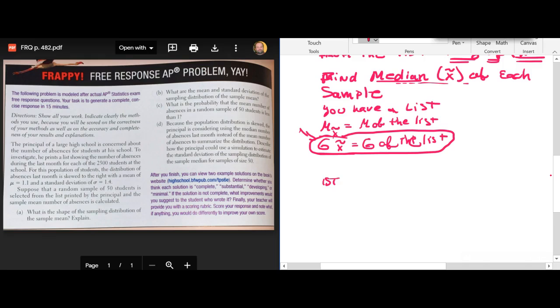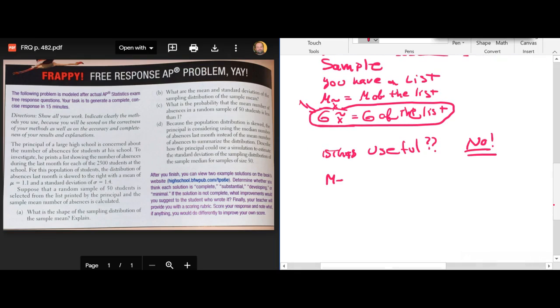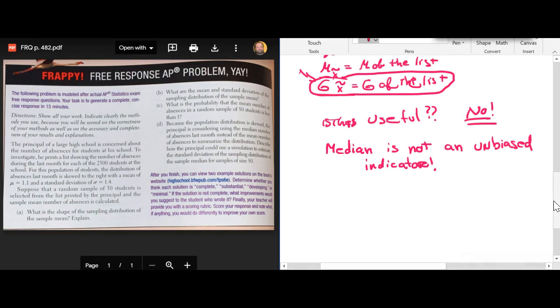Fine. Now, the question is, is this useful? This is the real world question. And the answer is no. Why is this not useful? Because the median is not an unbiased indicator. The only time it actually is an unbiased indicator is when the set is symmetric.